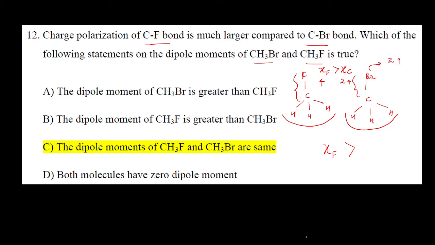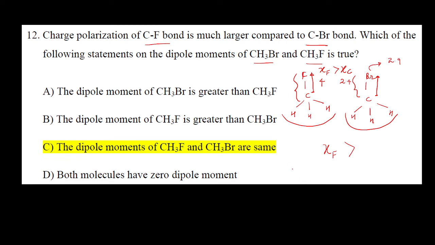Now, from carbon to fluorine the dipole moment goes from positive to negative, that is towards fluorine, and in the other case it goes upwards, towards bromine. Now I need to compare the charge polarization, which is already given in the question: for the CF bond it's more. The next thing is to compare the dipole moment.